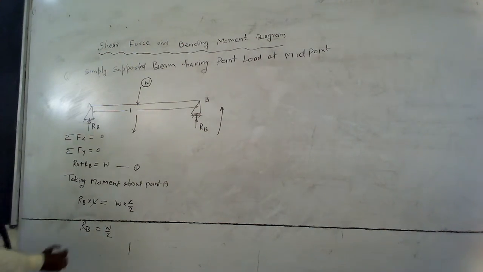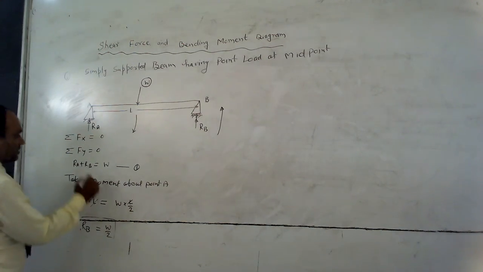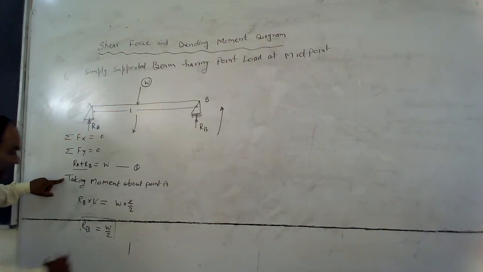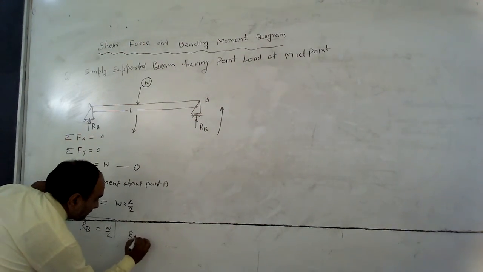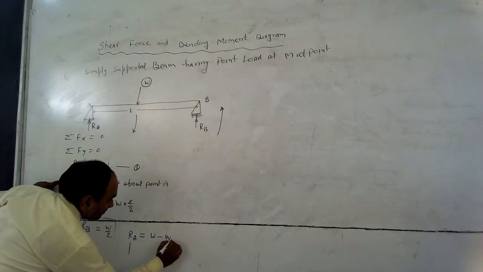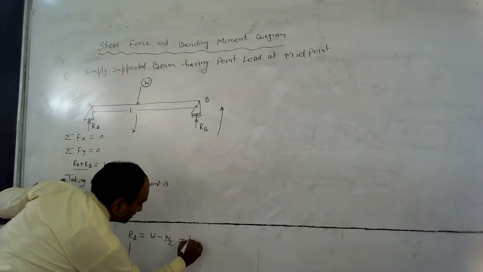Similarly, by putting this Rb in equation number 1, we can calculate the value of Ra. That is Ra equal to W minus W by 2, that is W by 2.